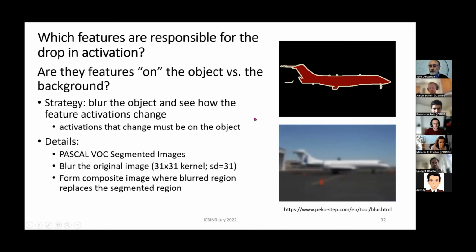We would blur the image and then use the segmentation mask to create a composite image where the object of interest is blurred, but the background is intact. Then any feature whose activation changed when we blurred the object must be a feature that, at least in part, is measuring that part of the image, whereas a feature that is invariant must be only looking at the background.